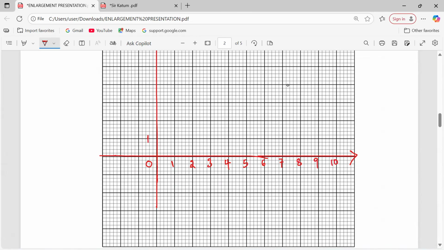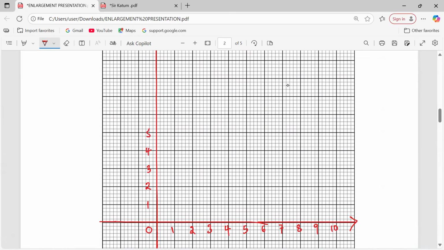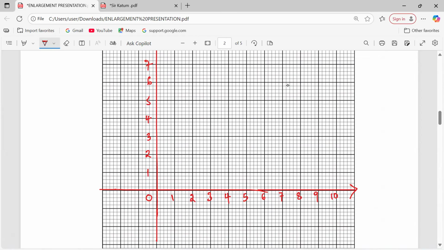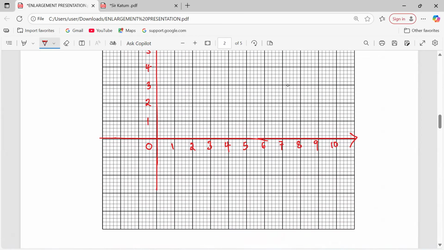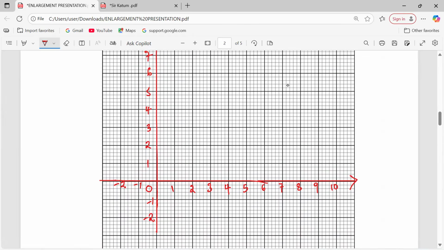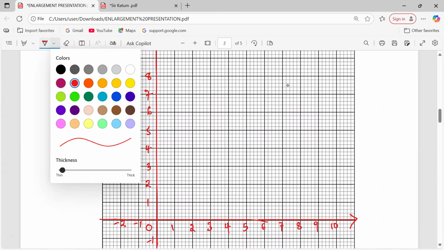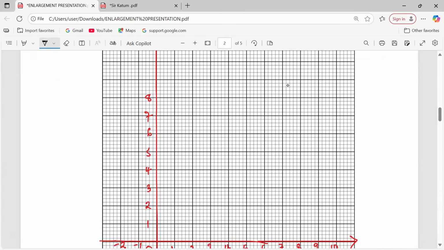Then we can have 1, 2, 3, 4, 5, 6, 7, 8. Those are enough. Then on the negatives, for the x, we can have -1, -2, then -1, -2 at that point. Now we can go into the business of plotting the two triangles on the same Cartesian plane.